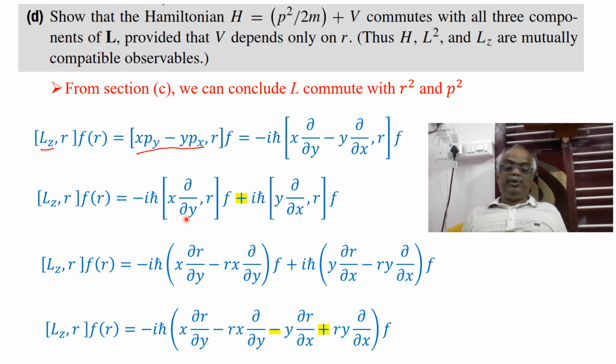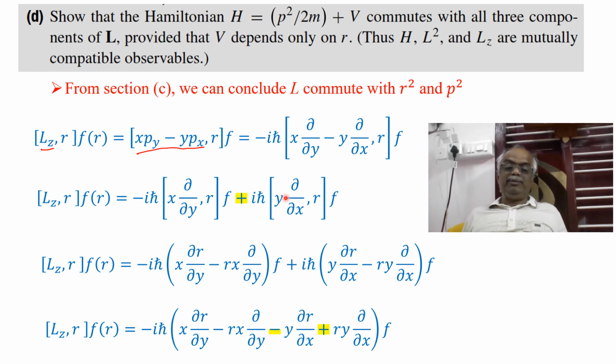So now you expand this commutator, that is x delta r over delta y. The commutation of A with B is equal to AB minus BA. Then BA is r x delta over delta y. Of course, you have f here.